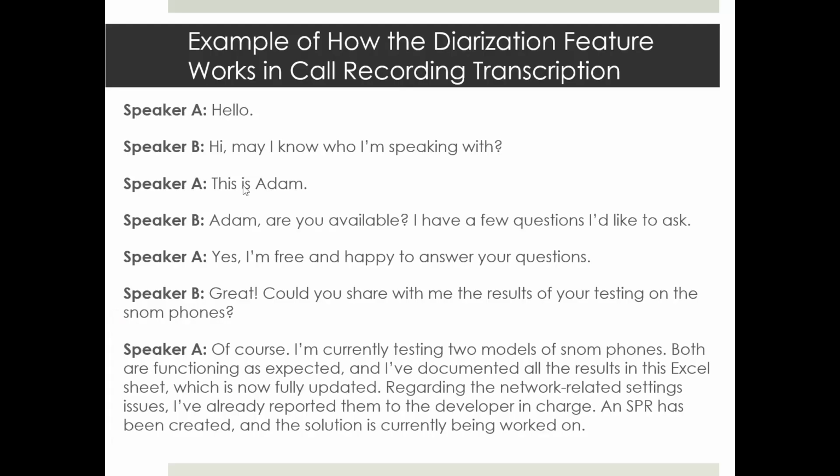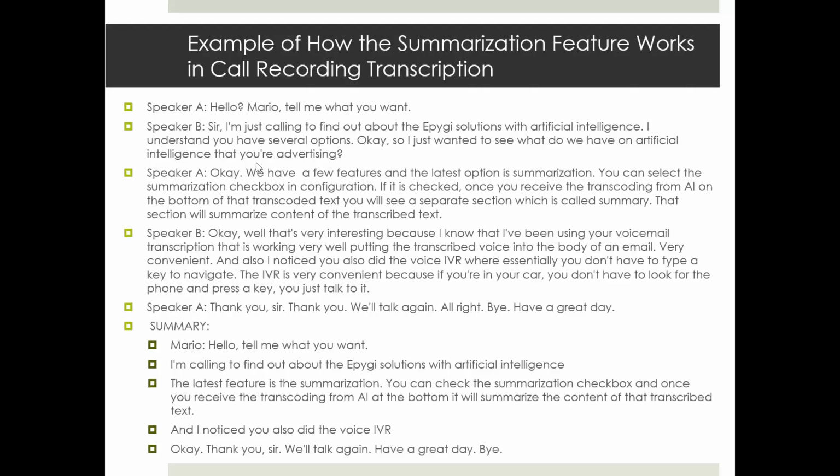Here's an example of the diarization option, where it labels the individual speakers, speaker A, then speaker B. And here's an example where it does diarization but also gives a summary at the bottom of the transcription.